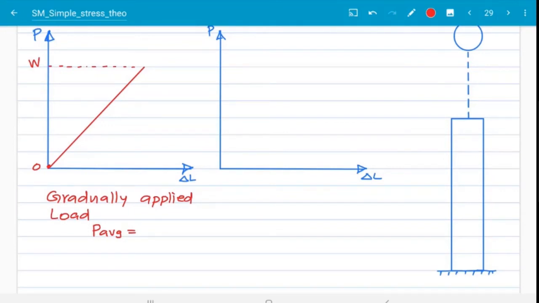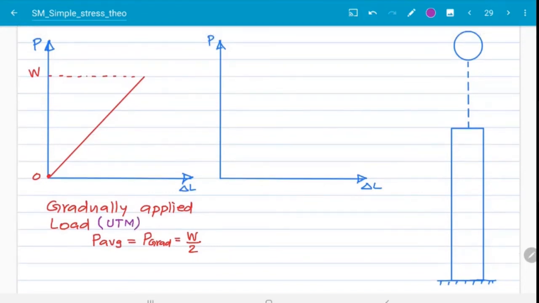W by 2. That's all. W by 2. So this method is followed in UTM.